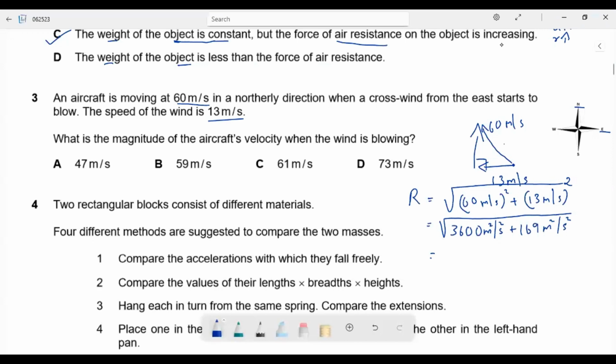This can be written as root of 3779 meter square per second square. While taking the square root, 61.6 meter per second. So here the right answer is C, 61 meter per second.